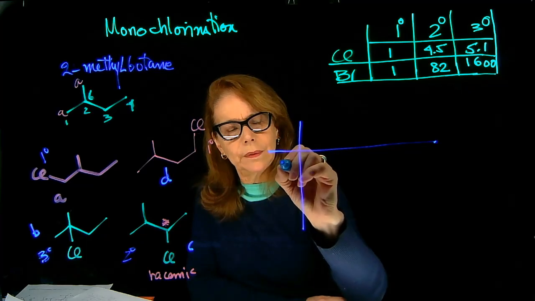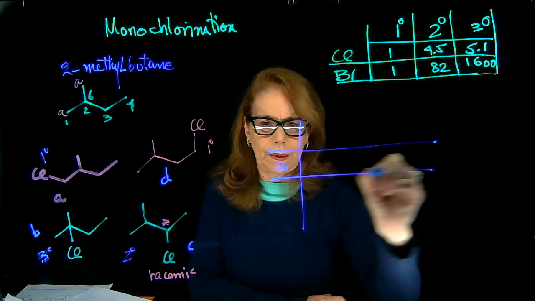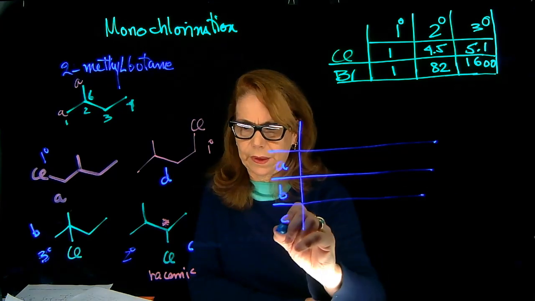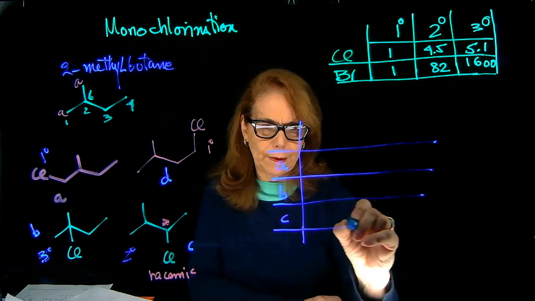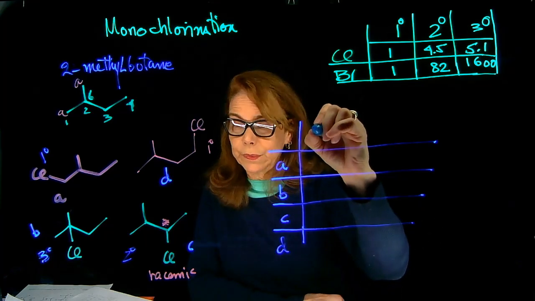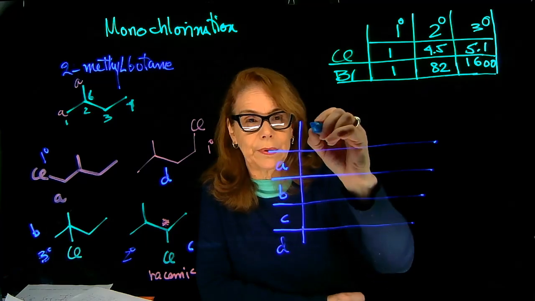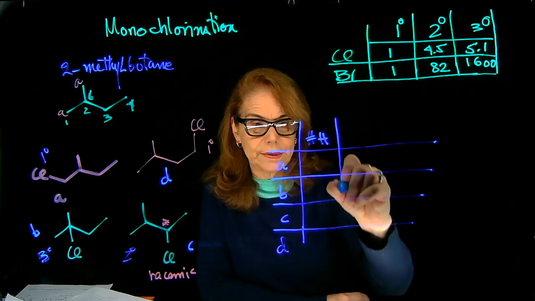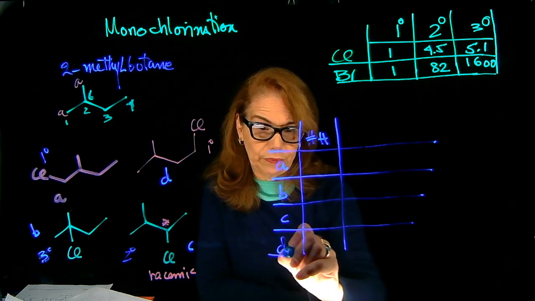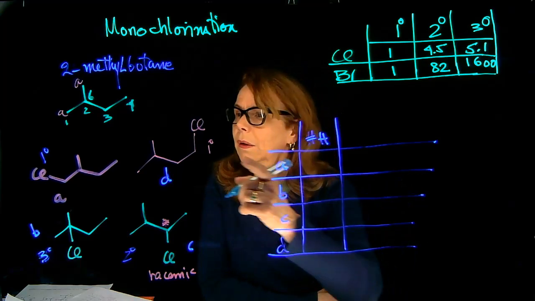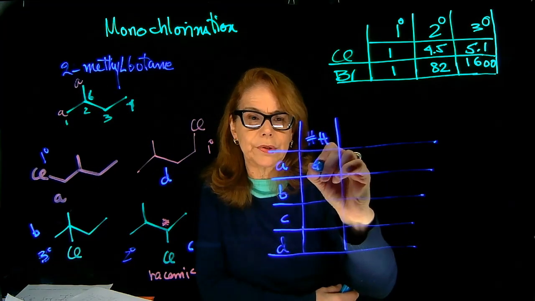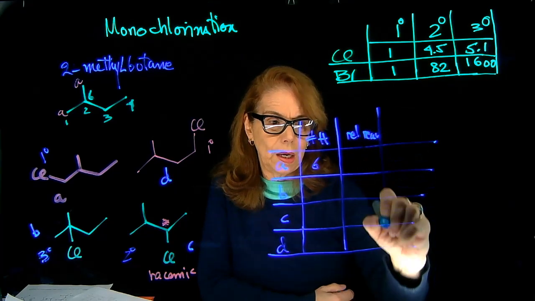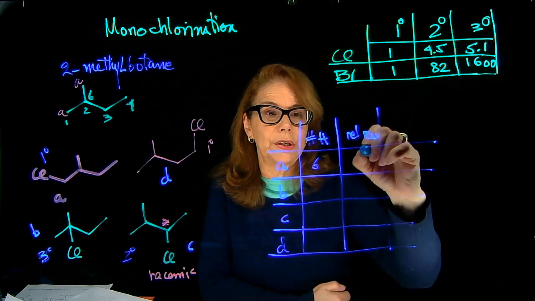So now I'm going to have product type A, and B, C, and D. Here we are going to count the number of H's that are equivalent. We know this is primary. So now you have 3 and 3, which is 6 hydrogens. And the relative reactivity of the primary hydrogens with chlorination is 1.